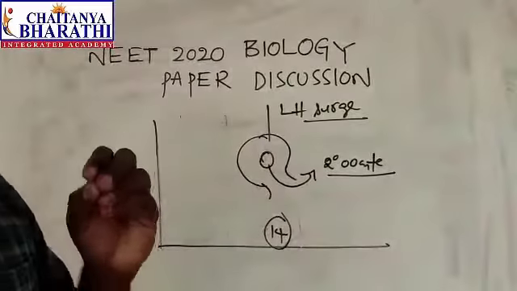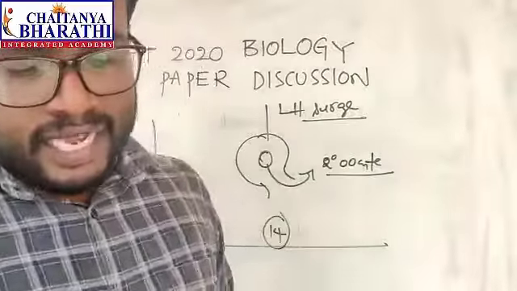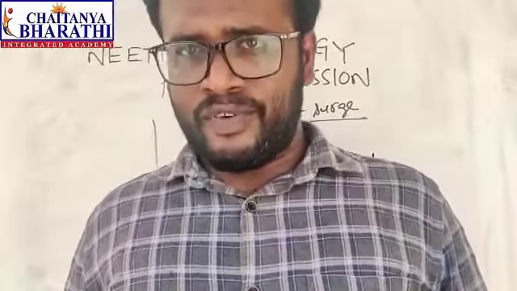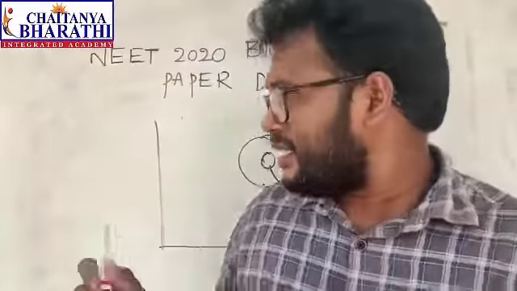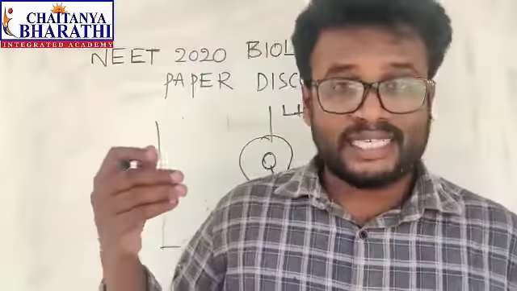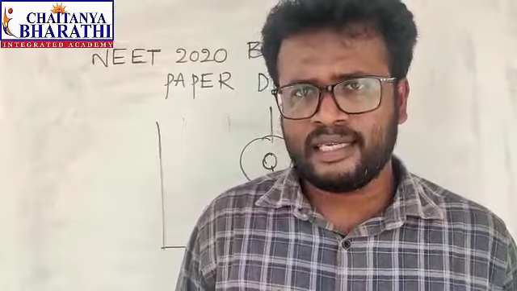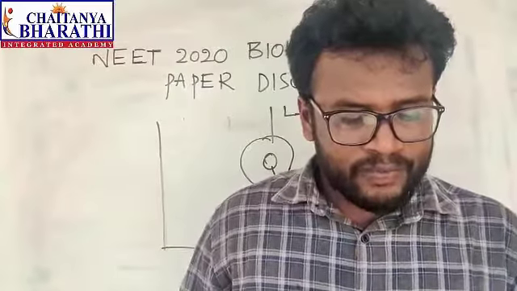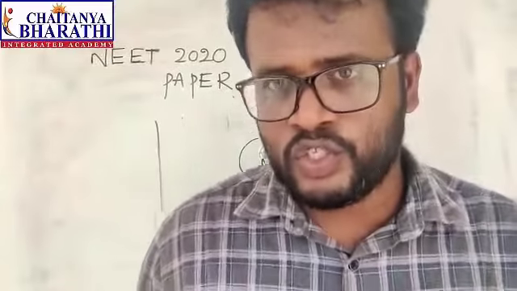But here the options are given like this. First option, low concentration of FSH. FSH is follicle stimulating hormone, which is for the development of follicles in the ovary. So this is not the correct answer. And high concentration of estrogen.